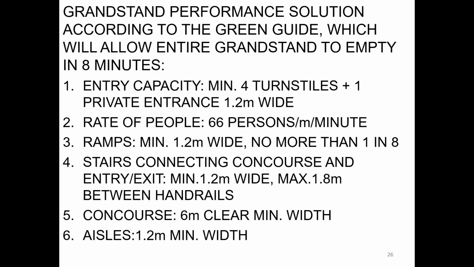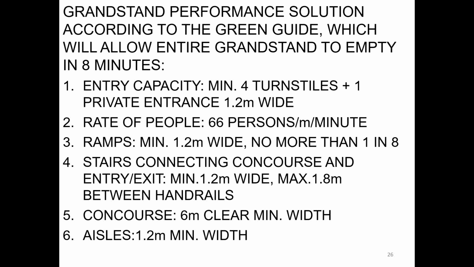So while there is a concern for minimum width, they are also concerned for very wide stairs that don't have intermittent handrails. So if you have a stair that is 3.6 meters wide, then you will have to have a handrail on either side as well as one in the middle, because that will then limit the width between handrails to 1.8 meters.